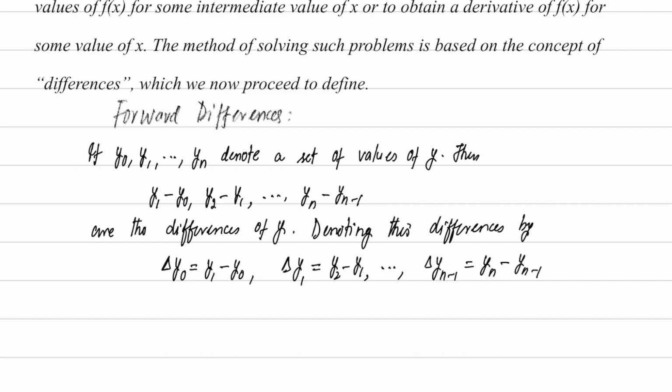If we denote these differences defined above in this way, then this delta is called the forward difference operator.